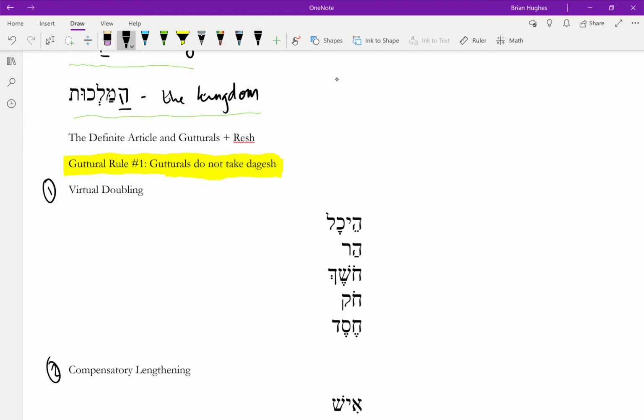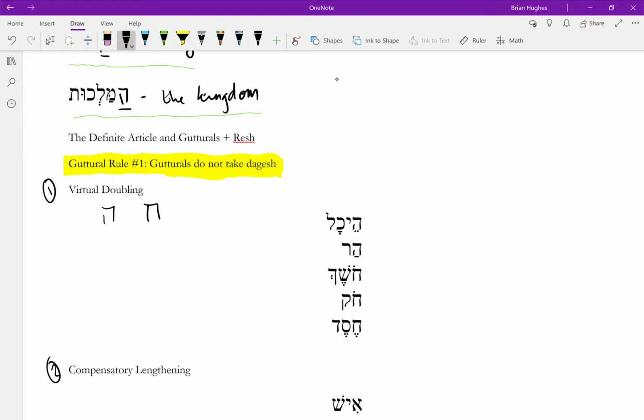One is called virtual doubling. This is for nouns beginning with a he or a chet. So here's some nouns. I don't think you've learned any of them yet, but here we have heichal.